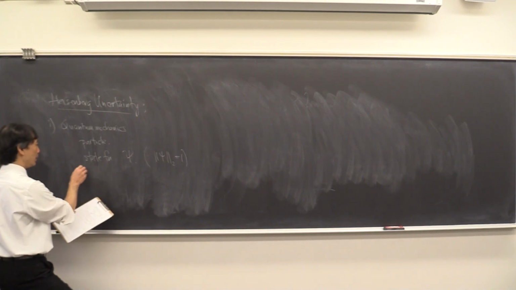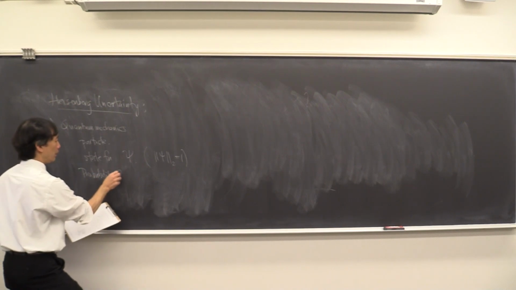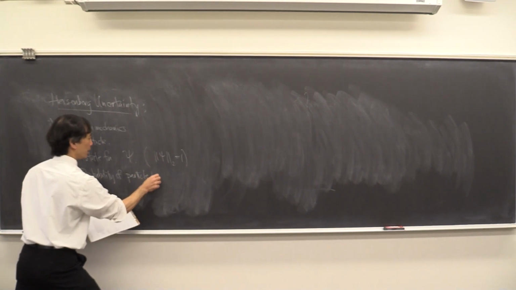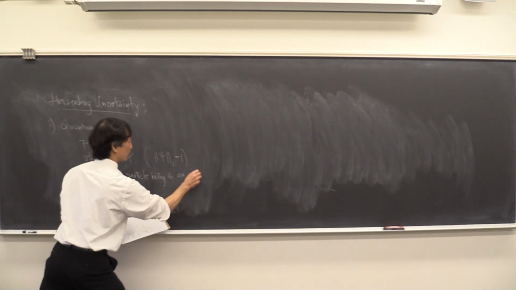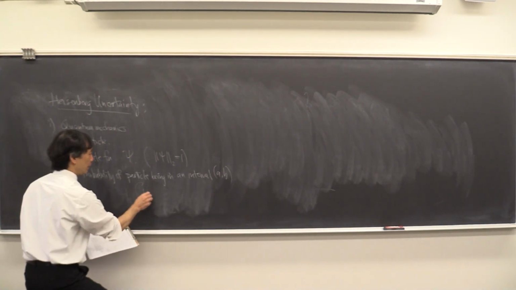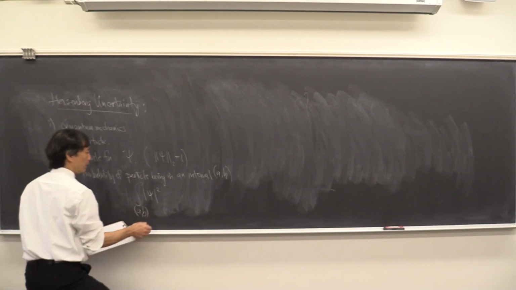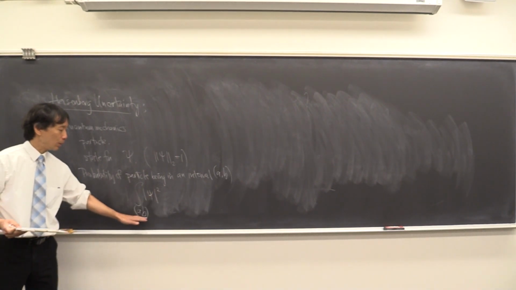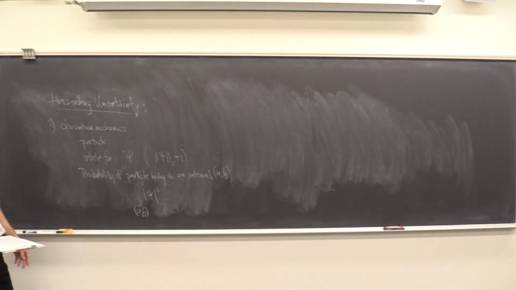It says that the probability of the particle being in a certain interval [a, b] is just the integral of the modulus squared of the function over that interval. Okay, so that's the probability.